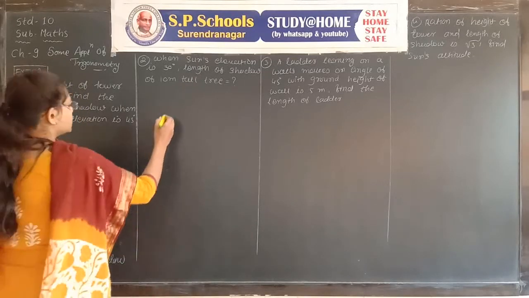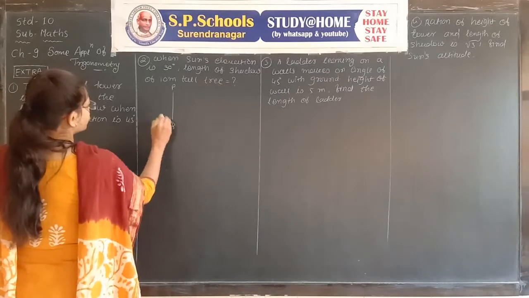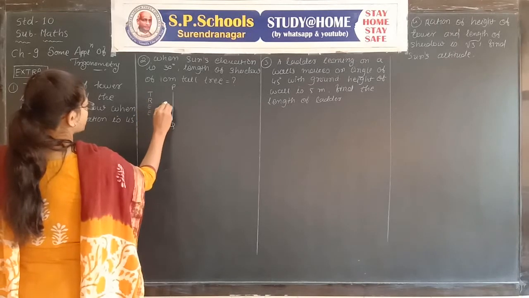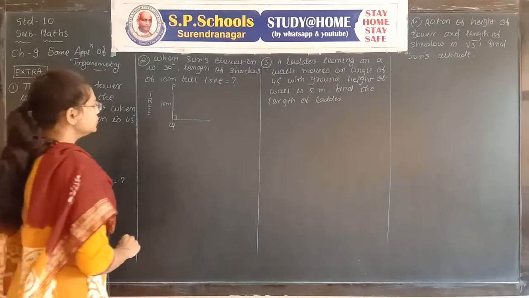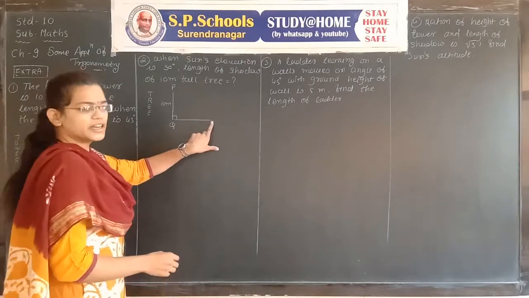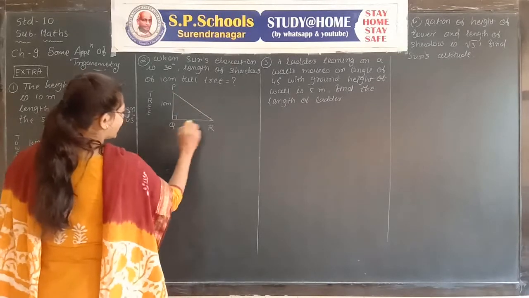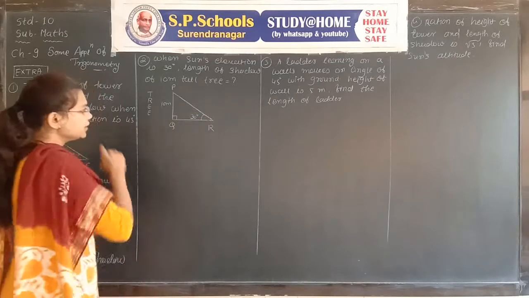Here a 10 meter tall tree is given, represented by PQ, 10 meter, vertical to the ground. The sun's altitude is at this point, suppose at R to P. Line of sight RQ is the horizontal and this angle is 30 degree.